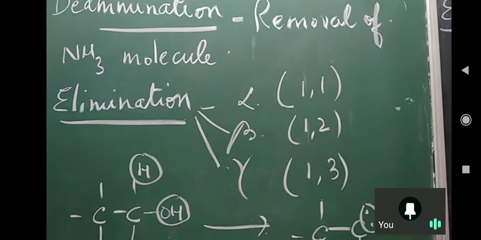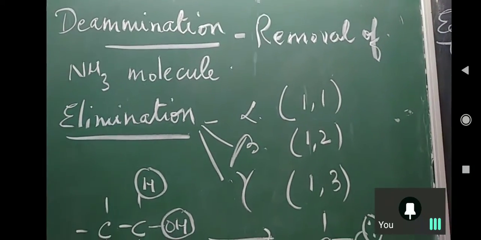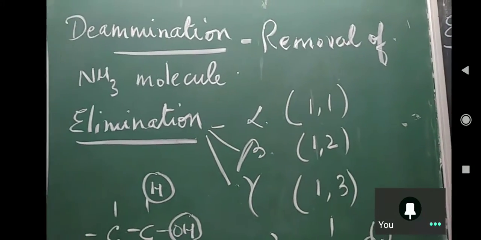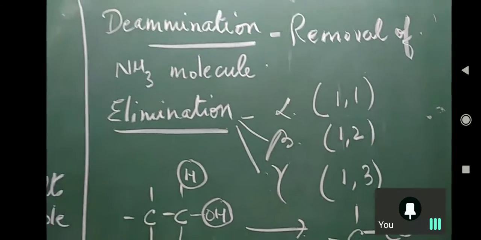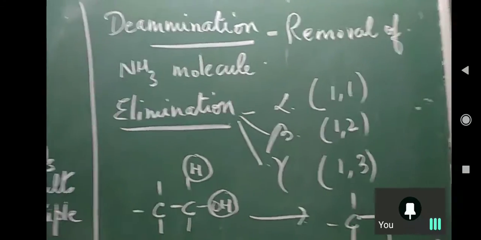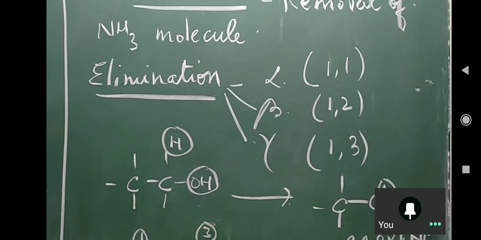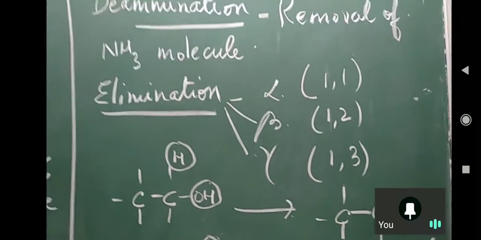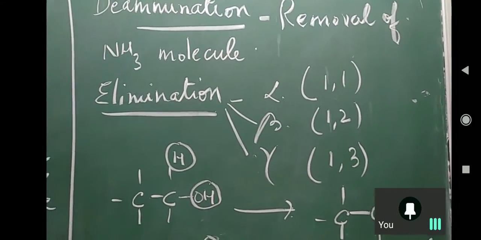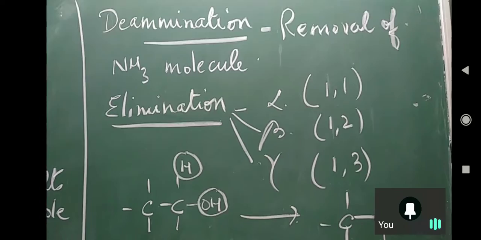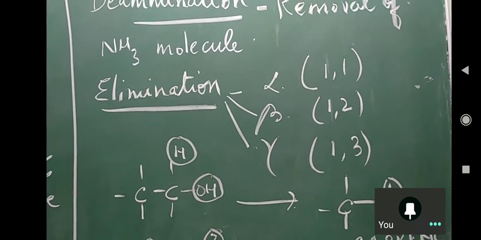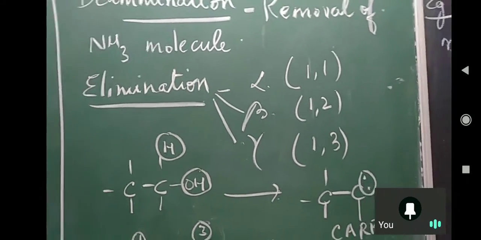Deamination: removal of ammonia molecule. So I have given you examples of elimination, meaning any molecule is given out such that valencies on the carbon chain are free and overlap to form a double or triple bond.